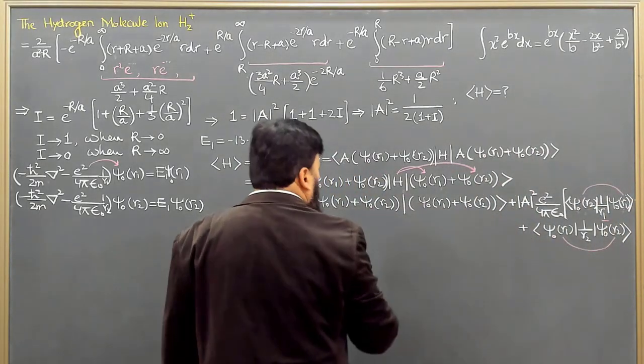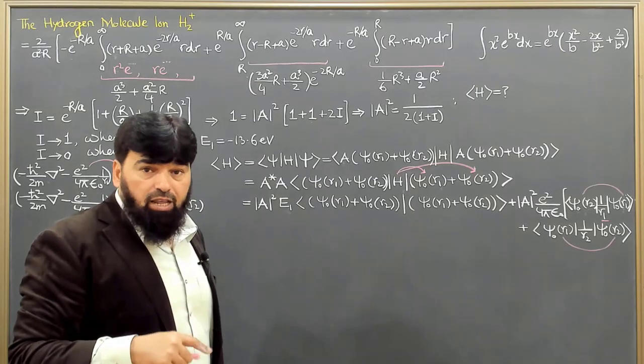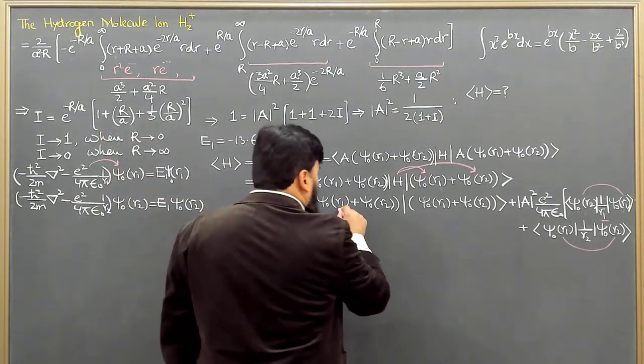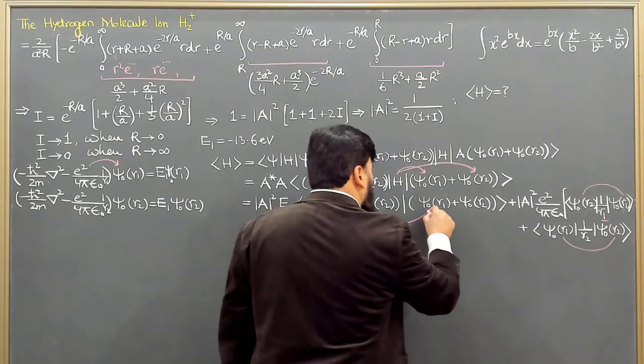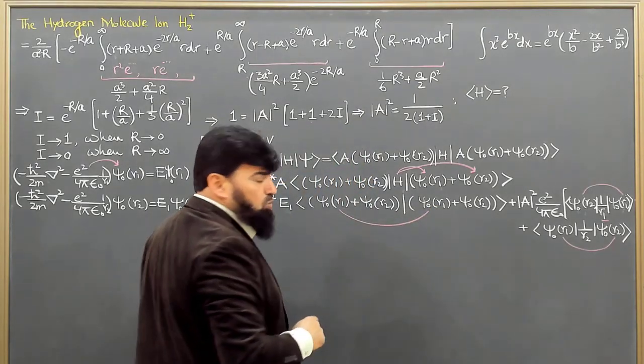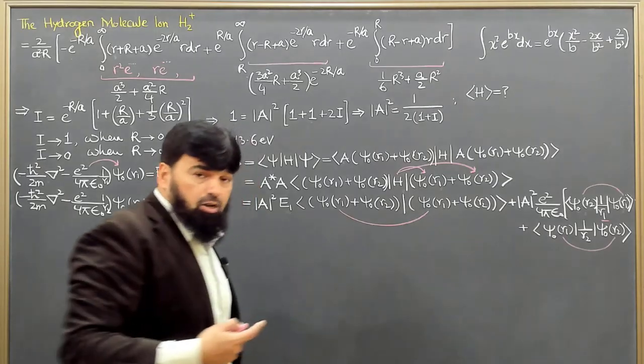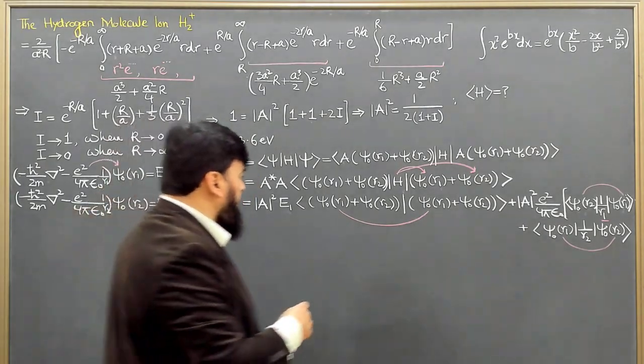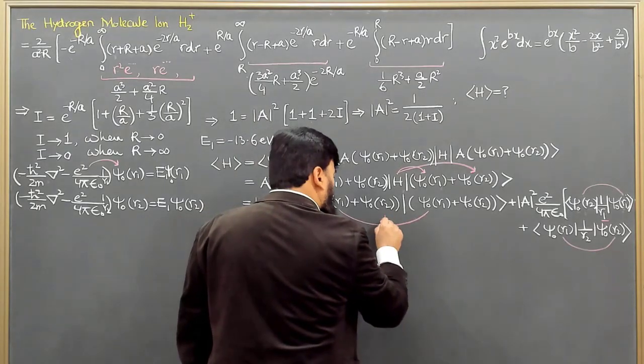Now here I know that again we are having some cross term multiplication. Like when psi naught R1 is multiplied with psi naught R1, then it will be psi naught R1 mod square, and they are normalized, so we will get 1 in this situation.